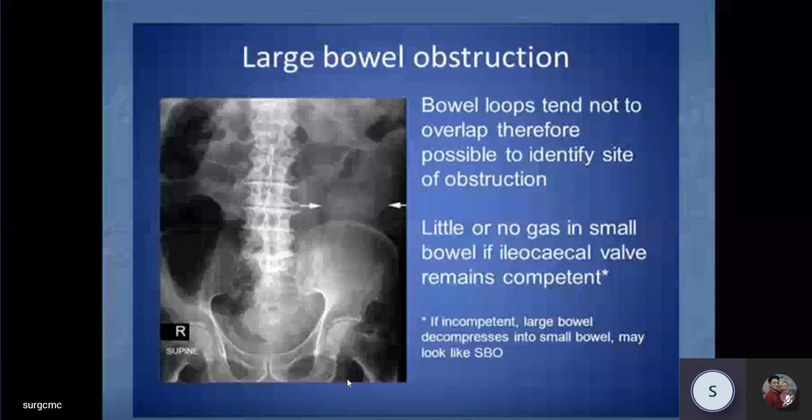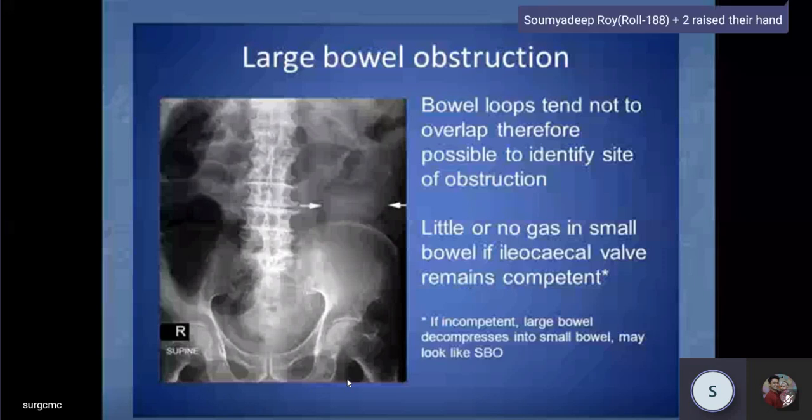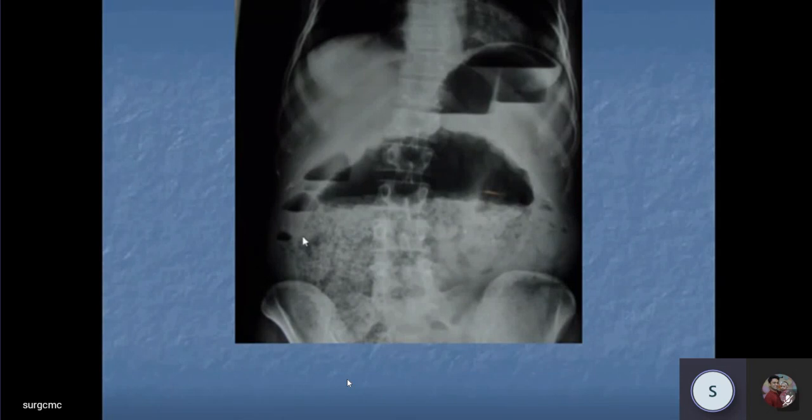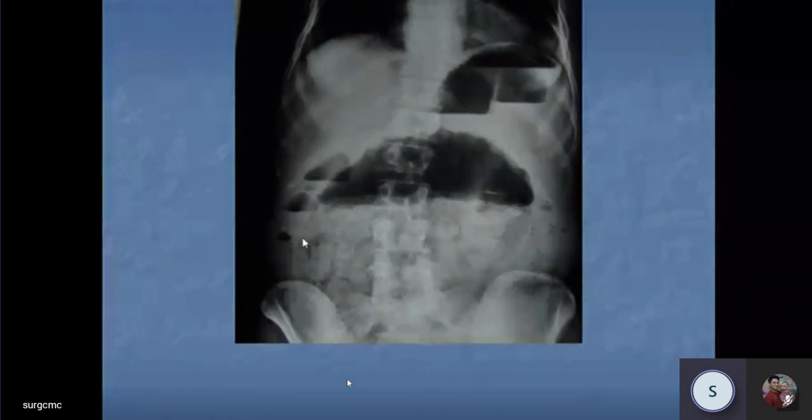If it is competent, it won't allow the gas to come back from cecum to ileum. So large gut will be dilated, small gut will not be dilated in that way. These are pictures of large bowel dilatation. These all are large bowel features, and you can see food residues or fecal residues within the bowel loops.